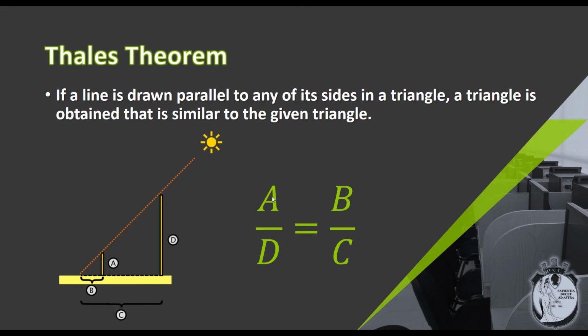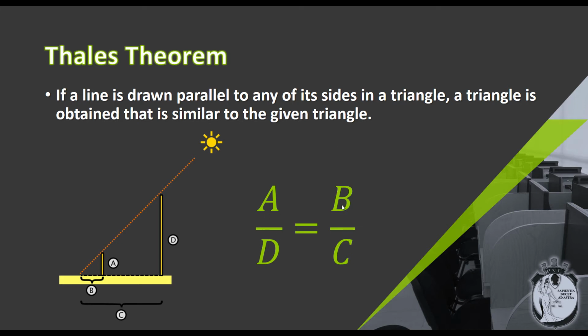For example, here the side A is the height of the smaller object, and you can compare the side A with the side D, which is the height of the bigger object. You need to compare by side.